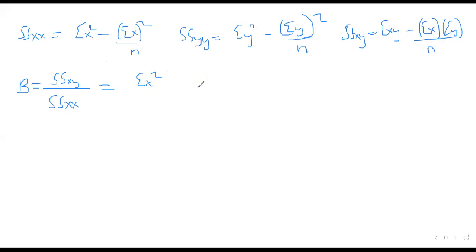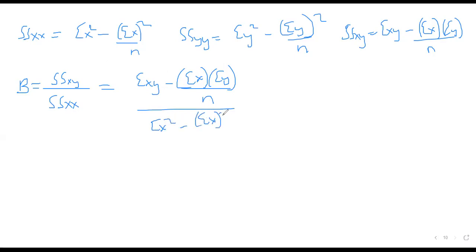So in the book, if it comes like this, summation of xy minus summation of x, summation of y over n, over summation of x squared minus summation of x to the power 2 over n. It's the same thing because this is xx, right?